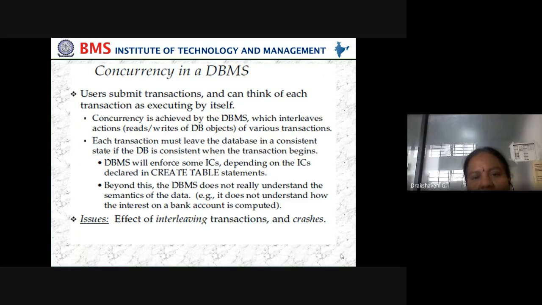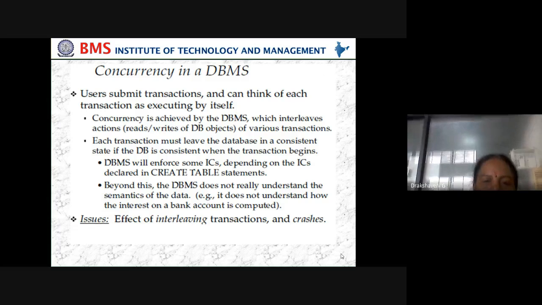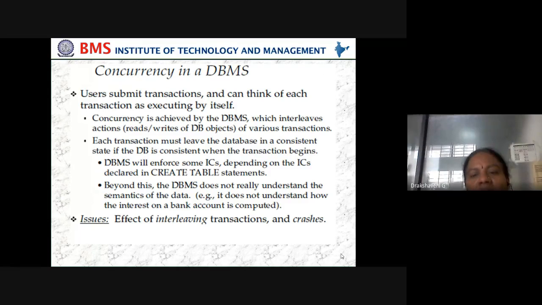Each transaction must leave the DBMS in a consistent state if the DBMS is consistent when the transaction begins.